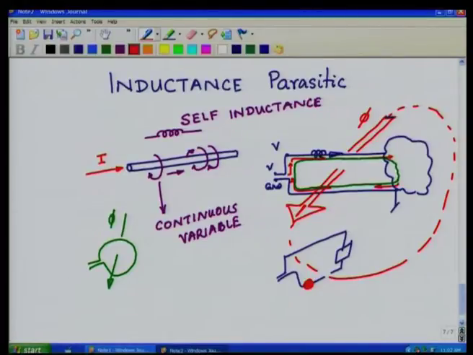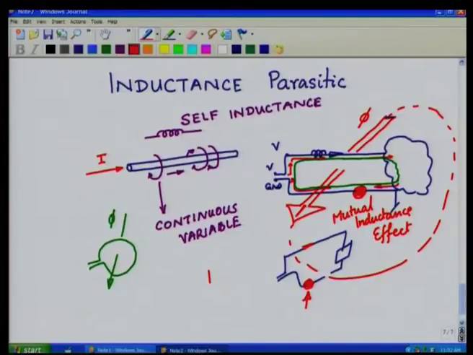A current flowing here can induce a voltage in that loop, or a current flowing in that loop can induce a voltage in this loop. So, this is called the mutual inductance effect.